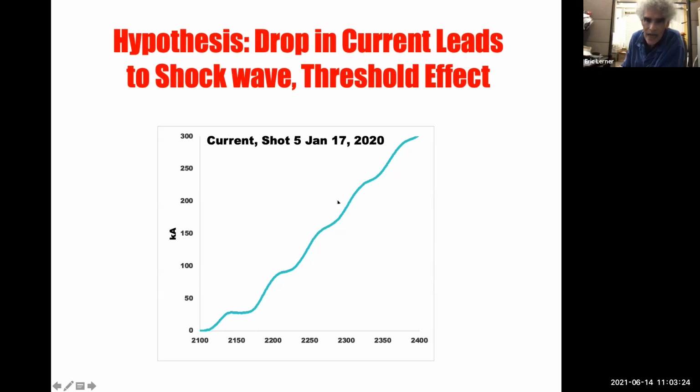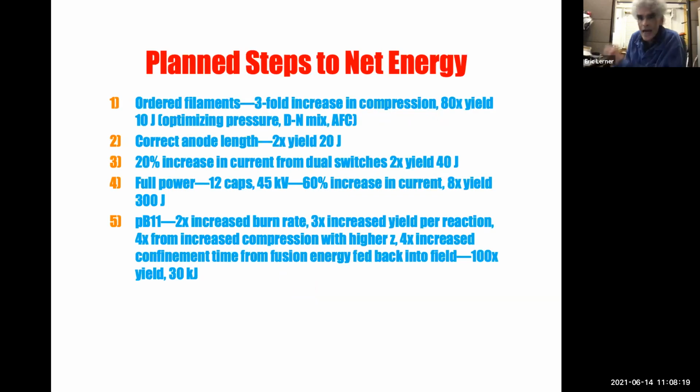This was one of the last shots we took in January of 2020 after we had reduced the oscillations, but we were still getting a small dip. So I was saying this is a threshold effect. If we don't get any dip, maybe we can get rid of the shock wave. So that's basically where we are now.